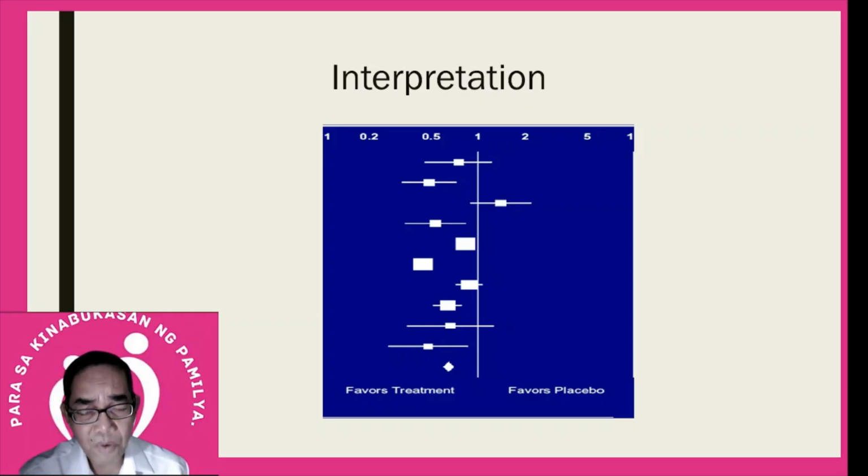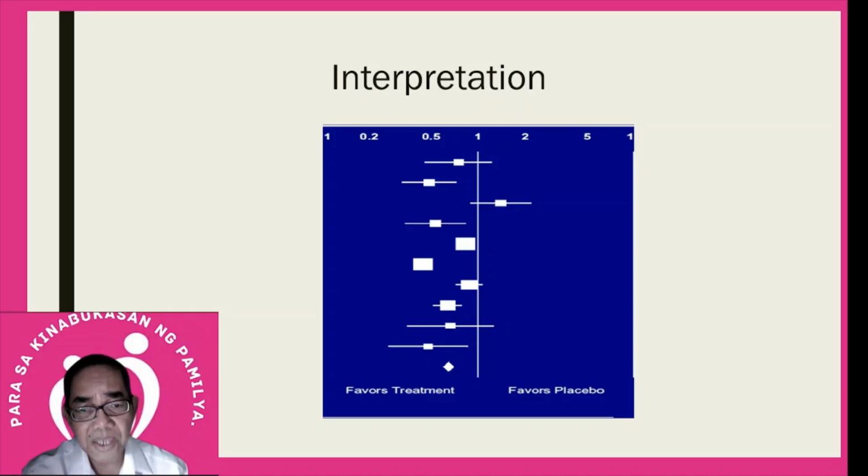Some of you may be wondering why some squares or rectangles are small, others are big, and the range of the confidence interval, some are wide and some are narrow. Now you see, the size of the rectangle is dependent on the sample size.